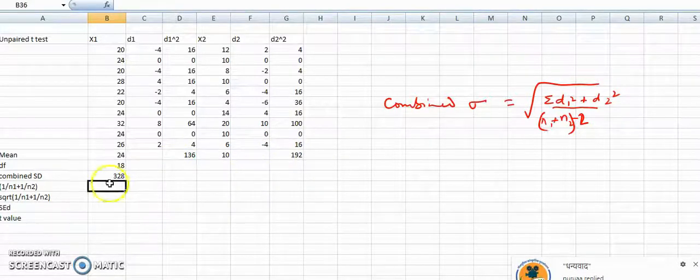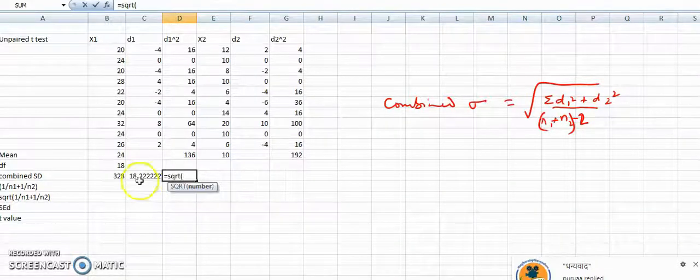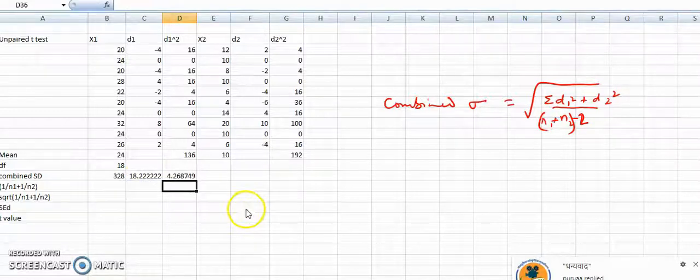So it gives a value 328. Now dividing it by the degree of freedom gives you the value 18.22. And now let us find the square root of it. So it gives a value of 4.268.